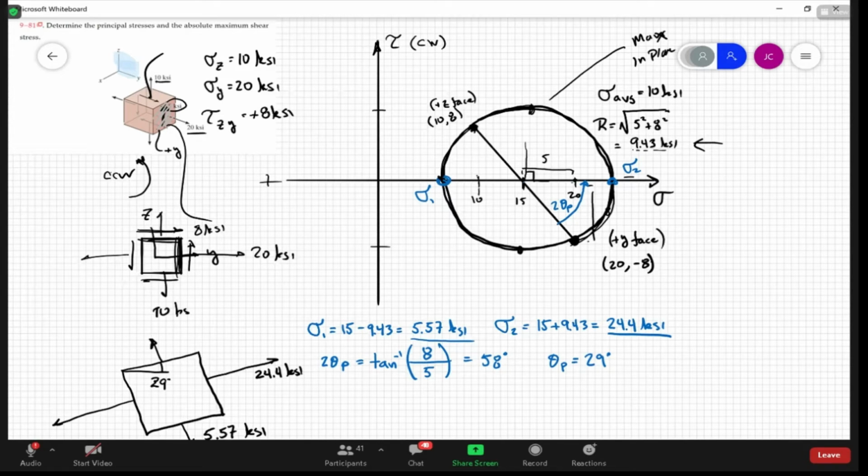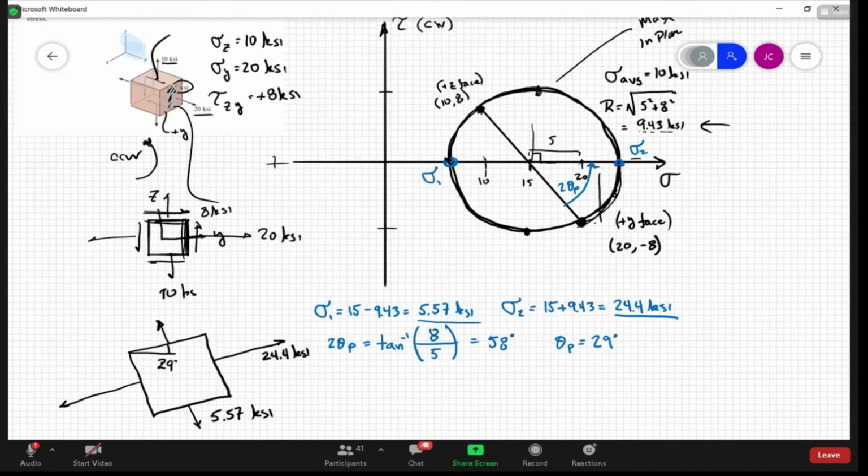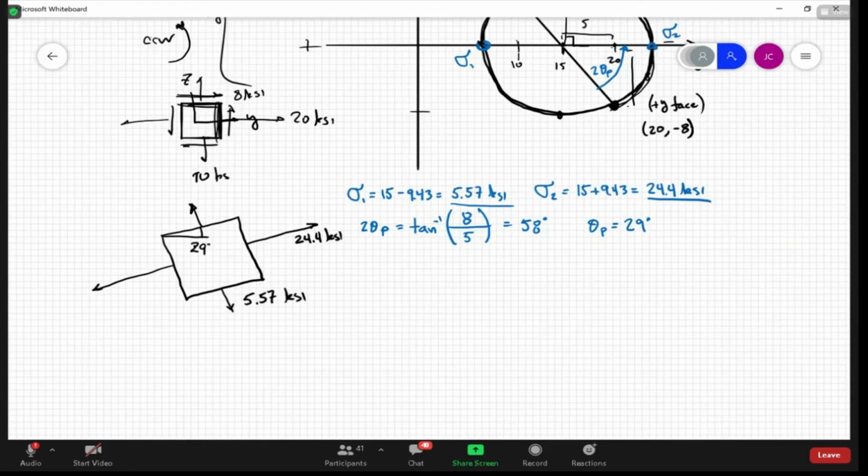Now that means the actual rotation is 45 degrees, because it's always half the angle. So the in-plane shear state is always 45 degrees off from the principal state.